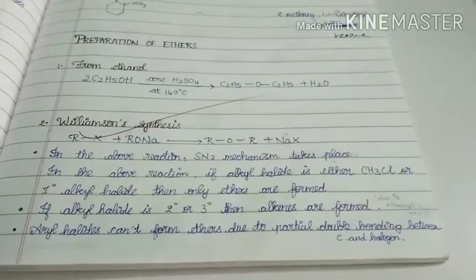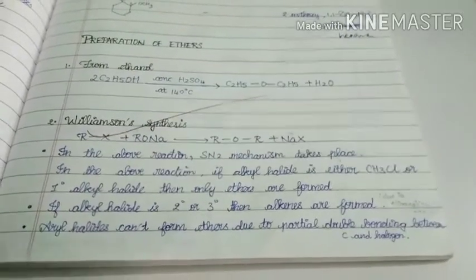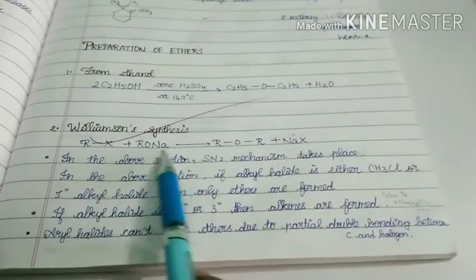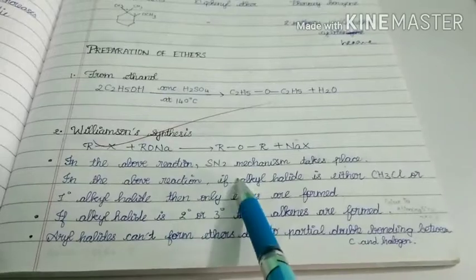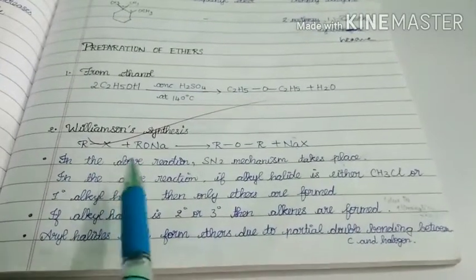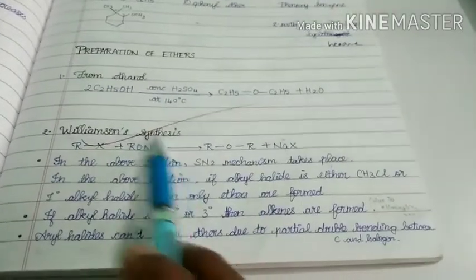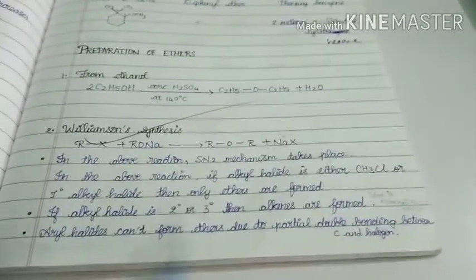Next, here some more important points are there. These are very important. In the Williamson synthesis, SN2 mechanism takes place. That means one step mechanism. The nucleophile attacks from the backside, and then we get ethers.